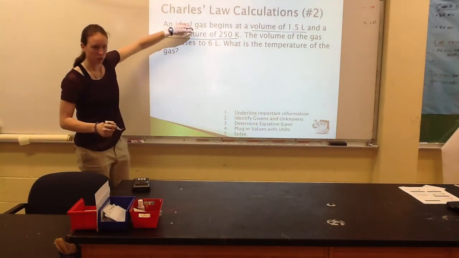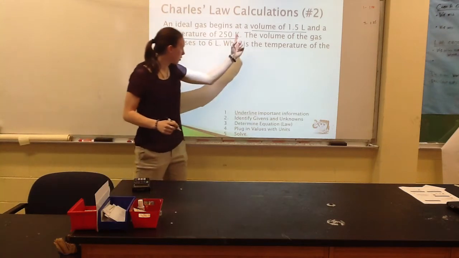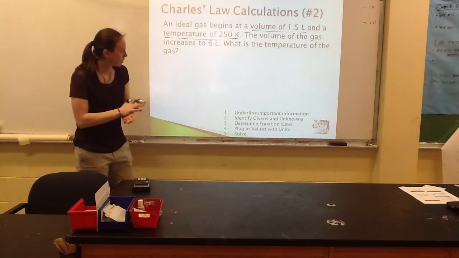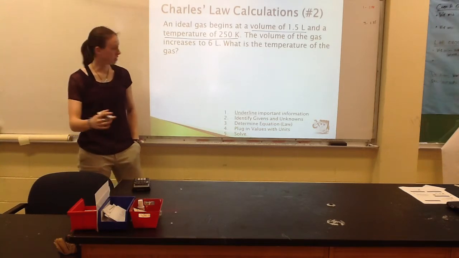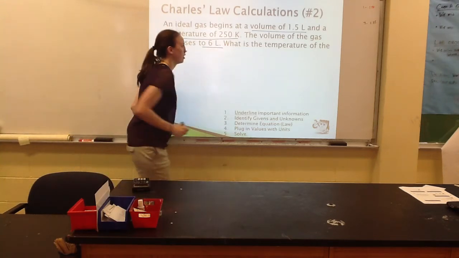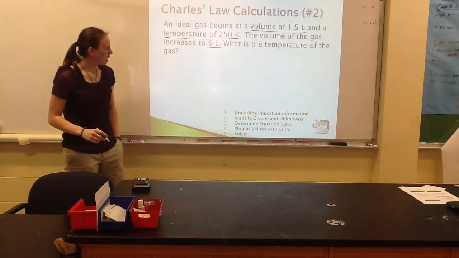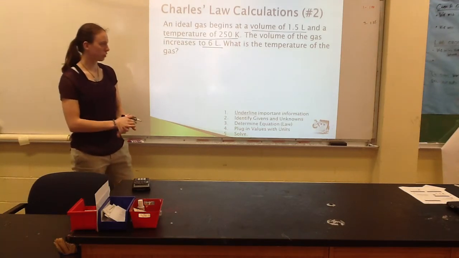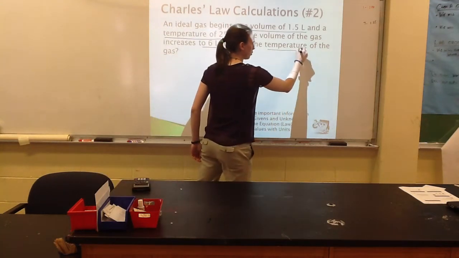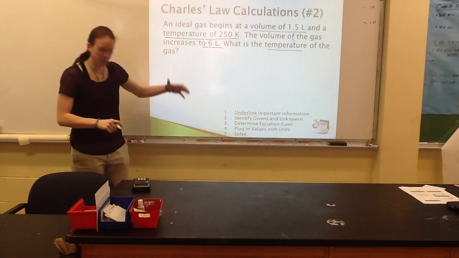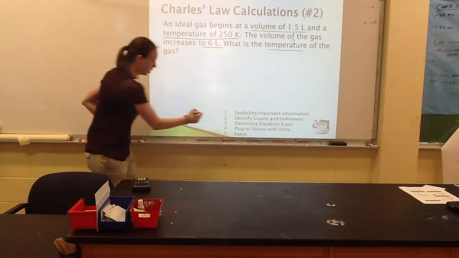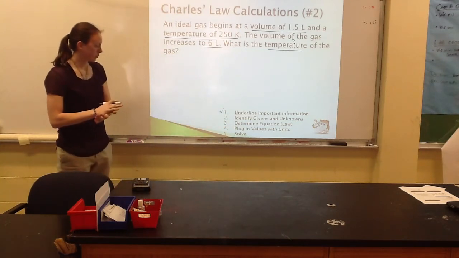We're told it's temperature, but we also should notice that K is for Kelvin, which is a unit for temperature. Now the volume of the gas increases to 6 liters. This is our new volume. And the last part says, what is the temperature of the gas? So we want to find our new temperature of the gas. We've now underlined our important information.